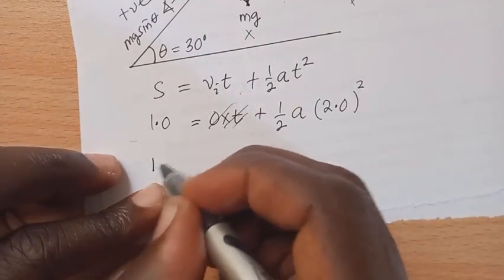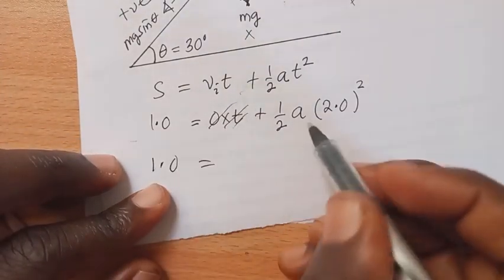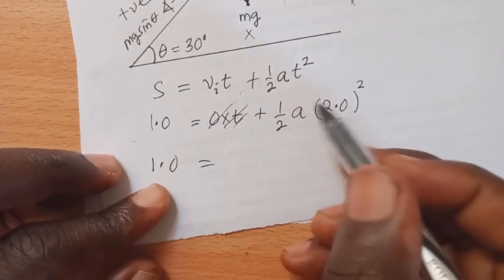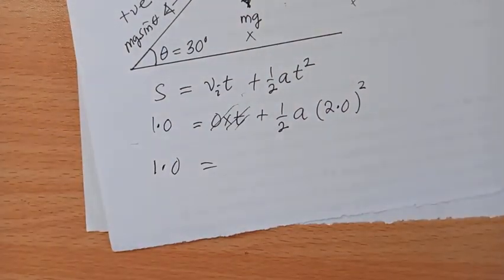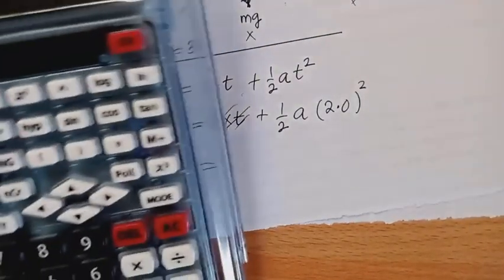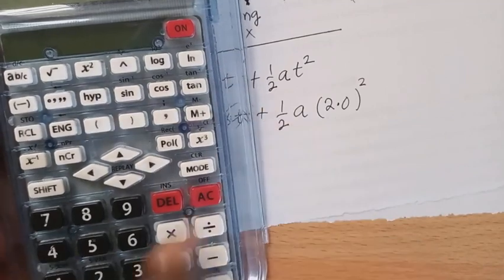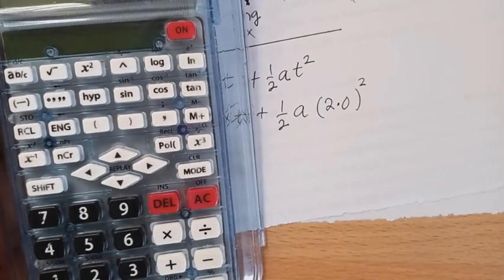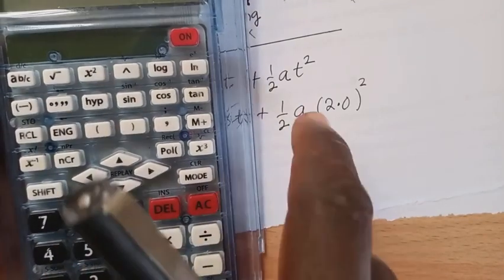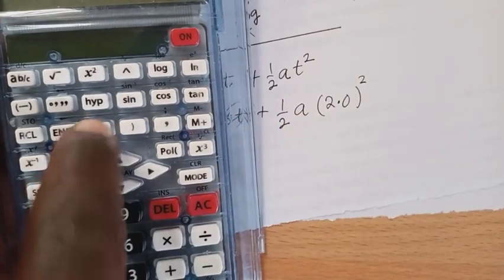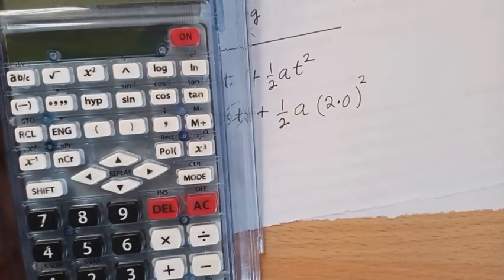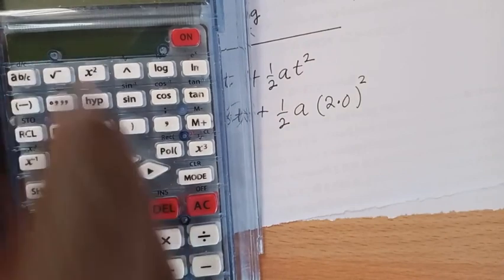So on the left hand side I have 1.0 is equal to, on the right I have the, but how do I simplify this? I know that 1 upon 2 is 0.5, so you press 0.5 and then ignore this a, open bracket and say 2.0 close bracket and square it.